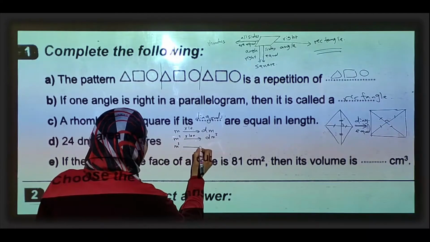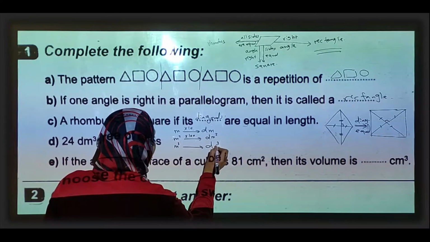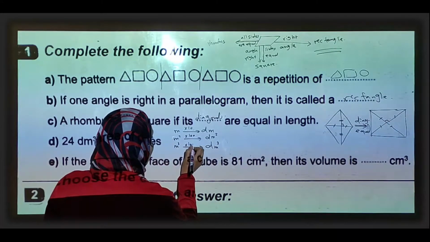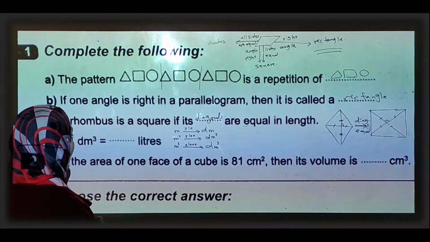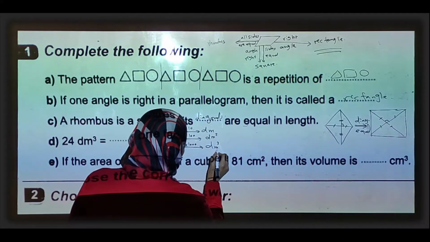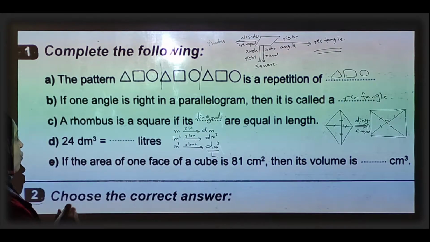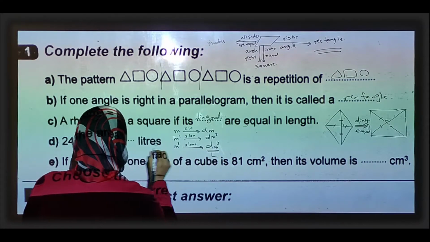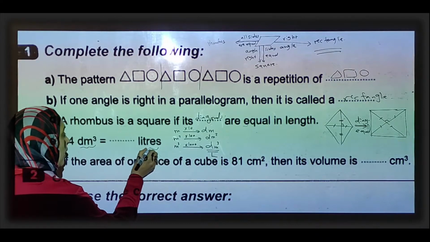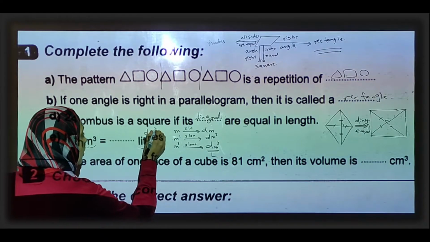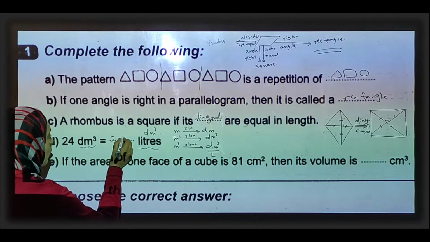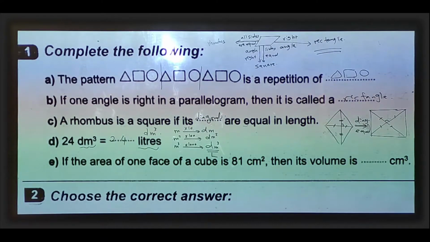Meter cube converting to decimeter cube, multiply by 1000. Decimeter cube is called liter. So a liter is also a decimeter cube, so it equals 24 also.